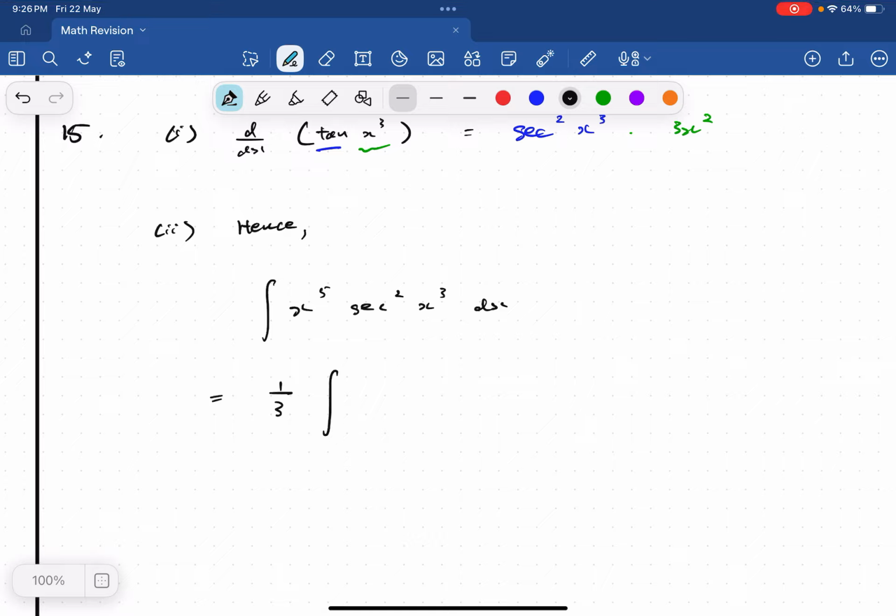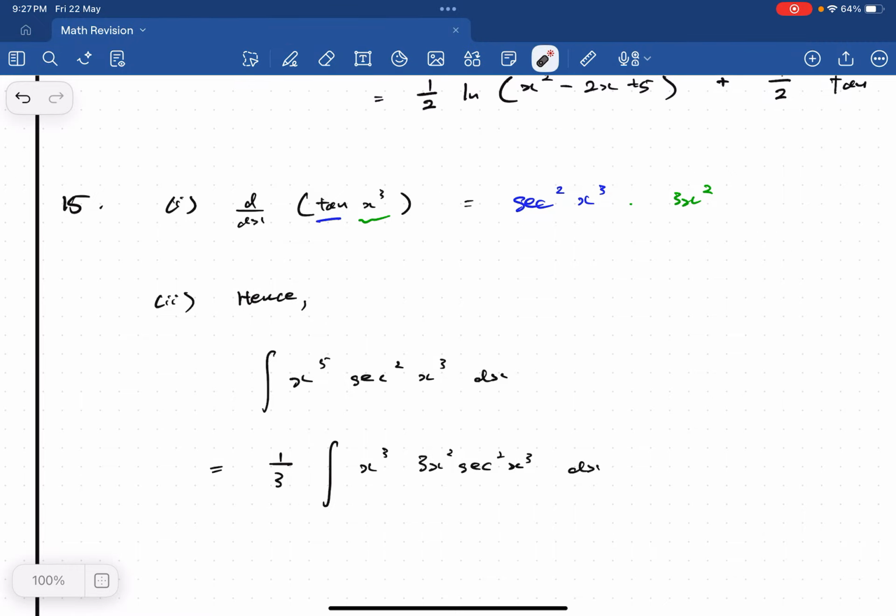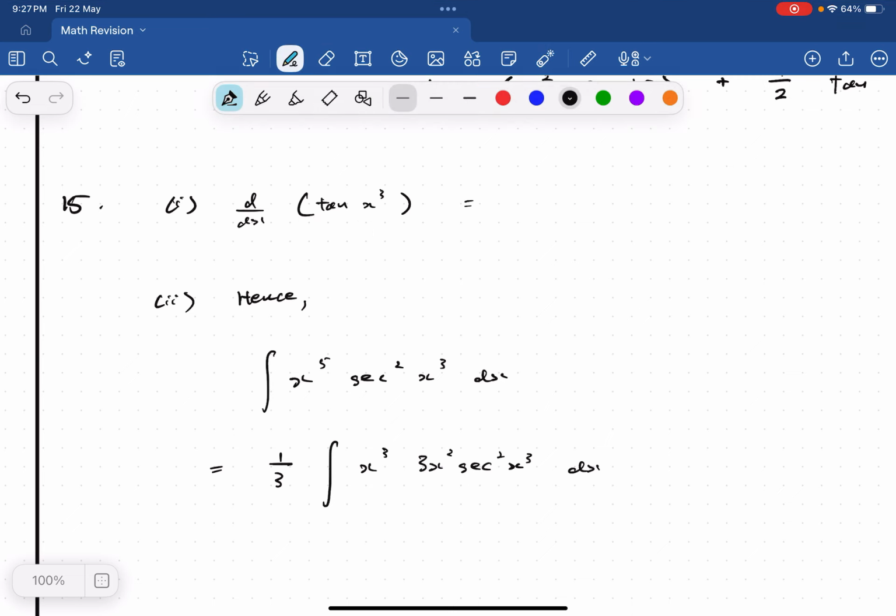Then only you can write x cubed, then 3x squared secant squared x cubed dx. Then only you get the form that they found in part 1. Okay, I'm so sorry. I was wondering why the question was like that also. But yeah, we both got confused together.